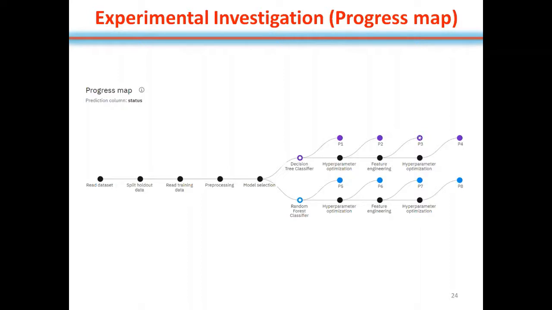Here two algorithms were used. First one is decision tree classifier and second is random forest classifier. The multi-class classification algorithm is used here. So 4 pipelines from decision tree classifier and 4 pipelines from random forest classifier are used.